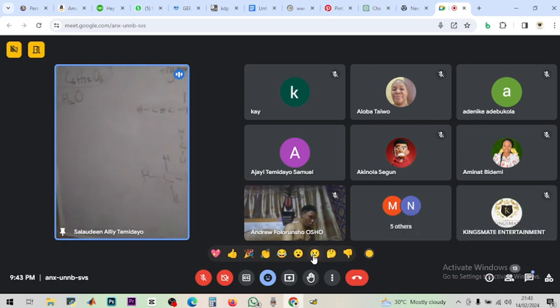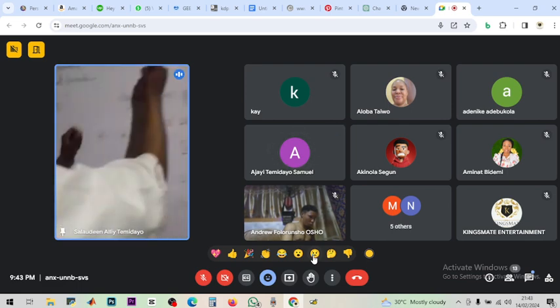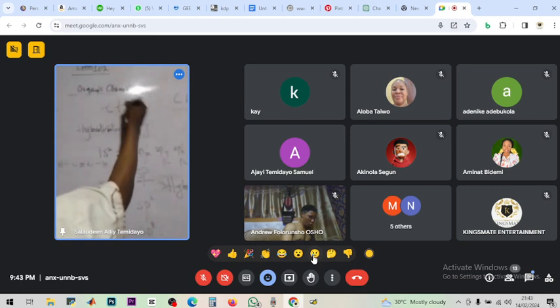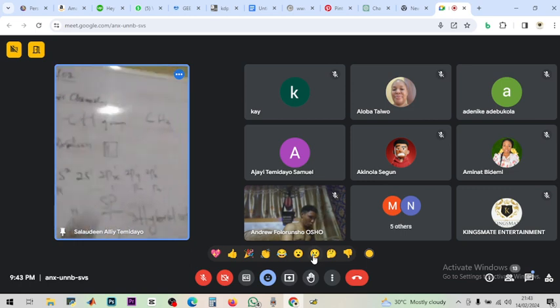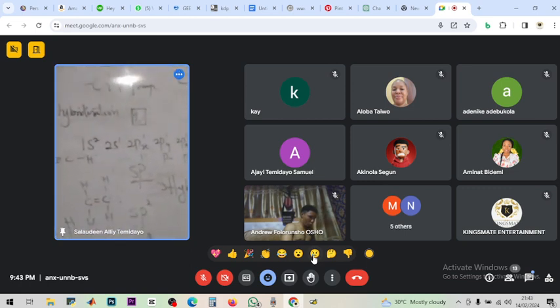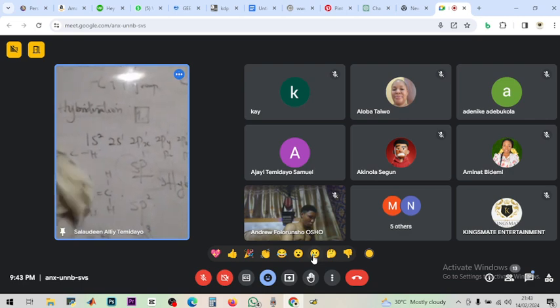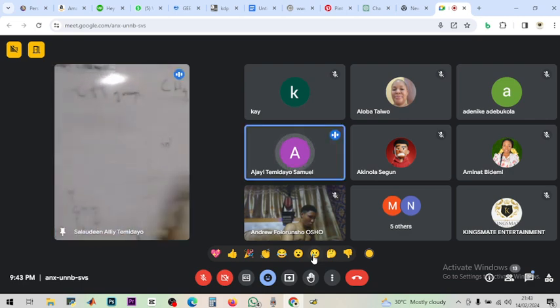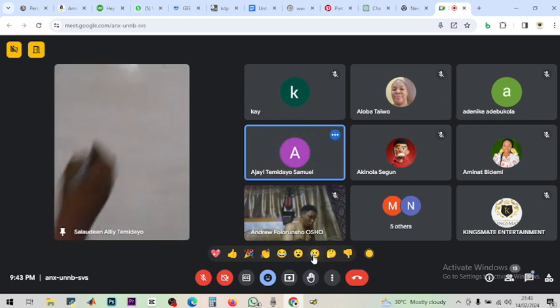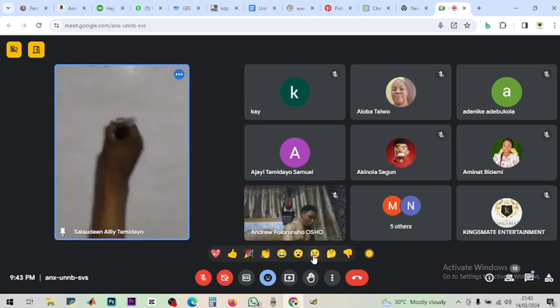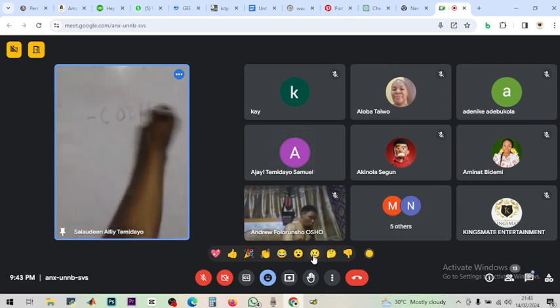So what did we say? Functional group. When we talk about the functional group, we are talking about the CH group. What do we mean by that? We have different functional groups. You see somewhere that an organic compound ends with COOH.